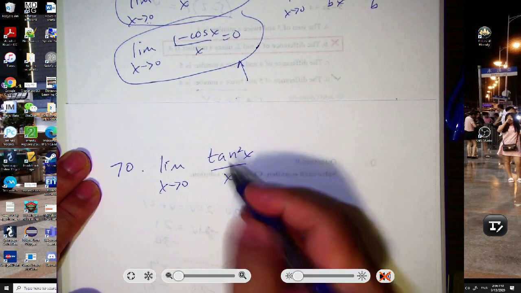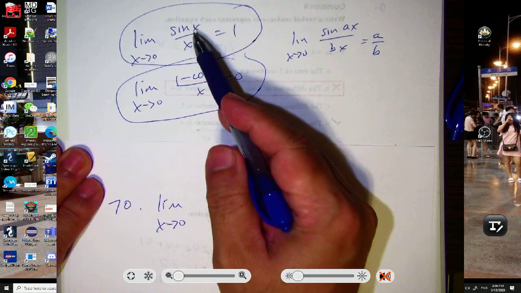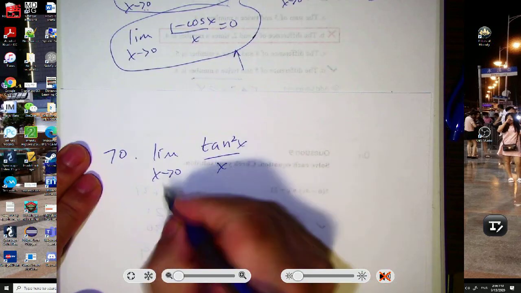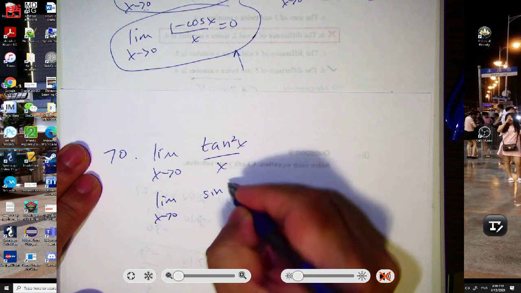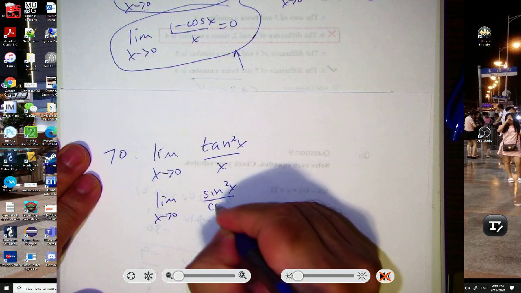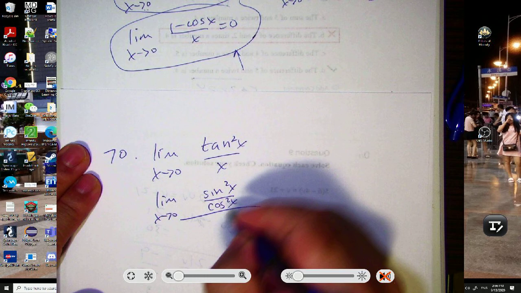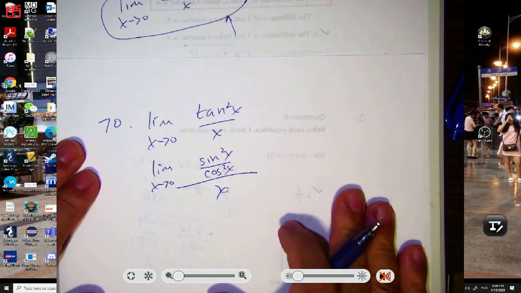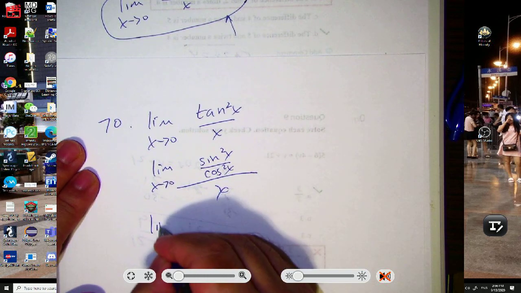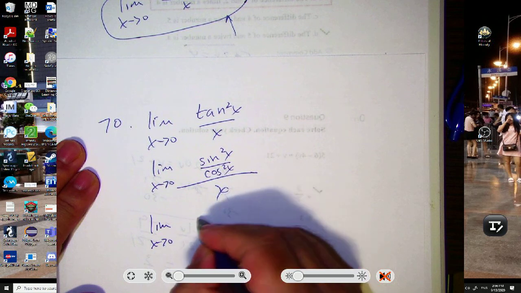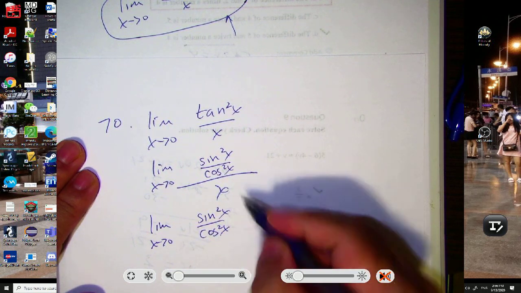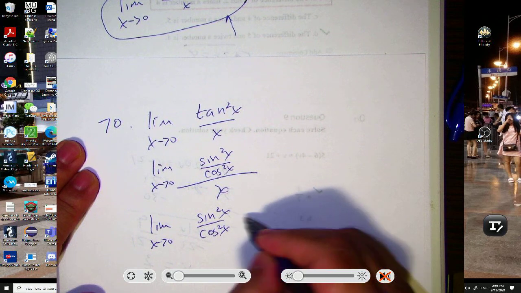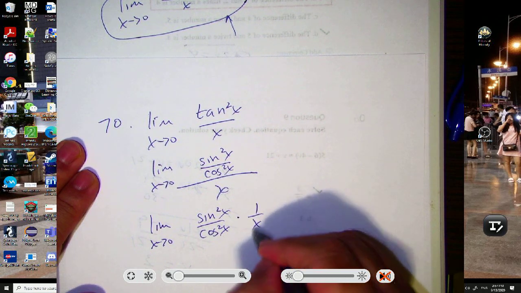here. So this does not look like what I have over here, right? So what I'm going to do is just rewrite it as sine squared x over cosine squared x, over x. Okay, so this is equivalent to sine squared x over cosine squared x divided by x, so that's the same as multiplying by 1 over x.